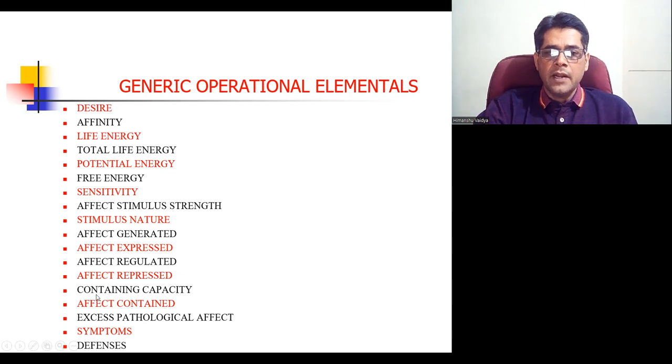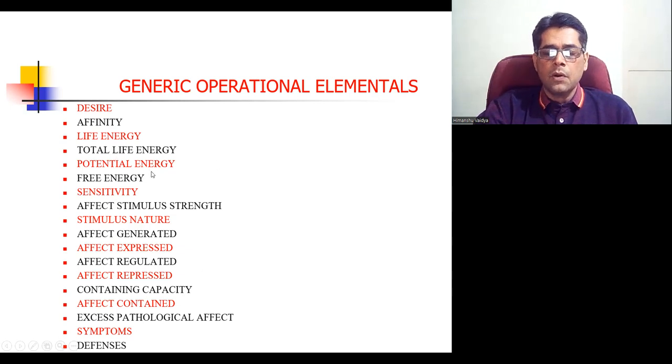If containing capacity is not enough and these mechanisms, expression, regulation, repression, fail, the affect cannot be contained, and the excess pathological affect then goes into symptoms, which may be psychological problems or psychosomatic sicknesses. And then the psychological defenses we talk about, all of these constitute the generic operational elementals.